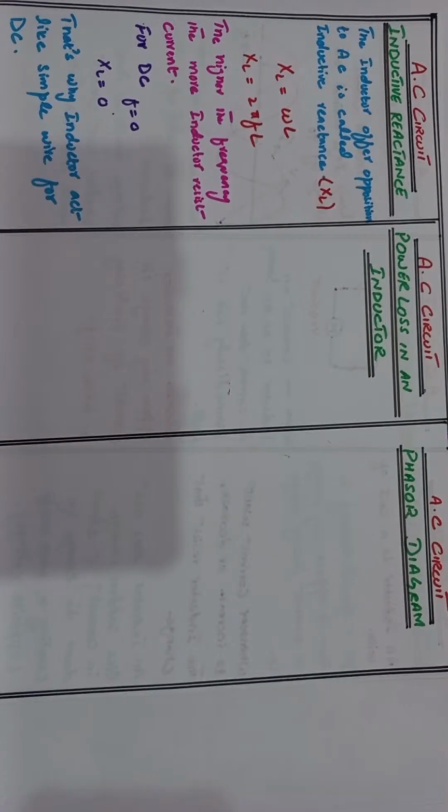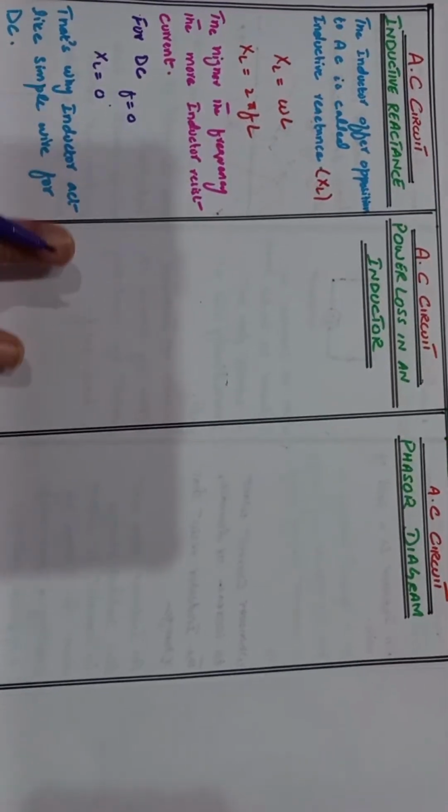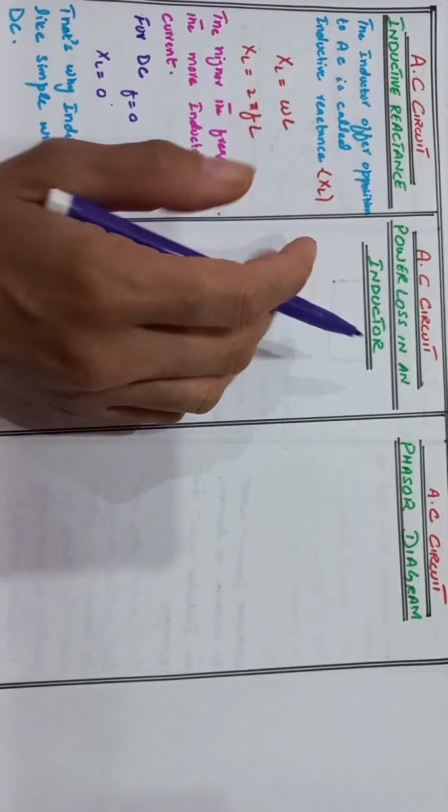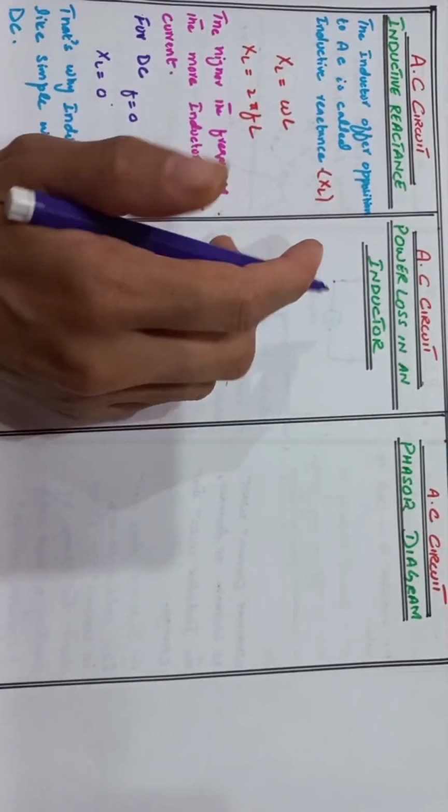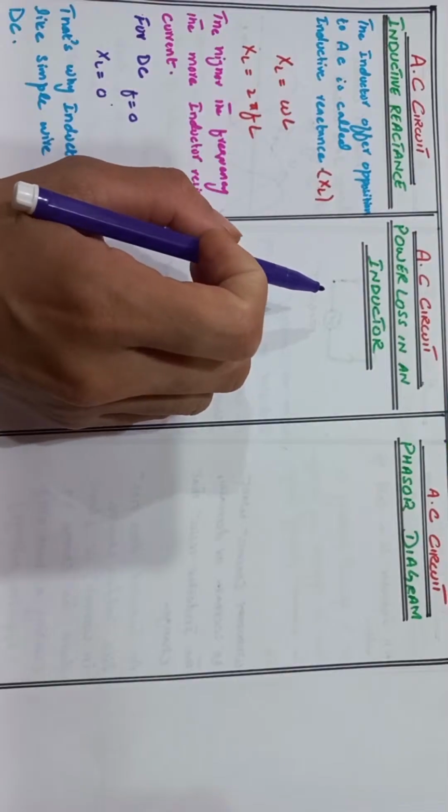In the resistor case, we discussed that the power loss is always positive, so power is consumed in the resistor circuit, but in the pure inductor circuit, the power consumed is zero.